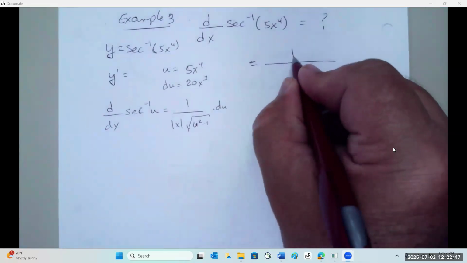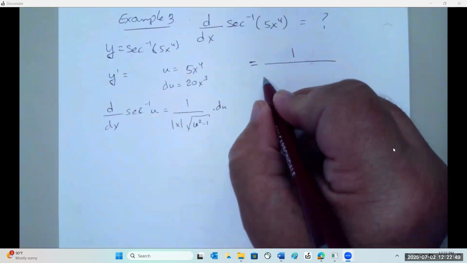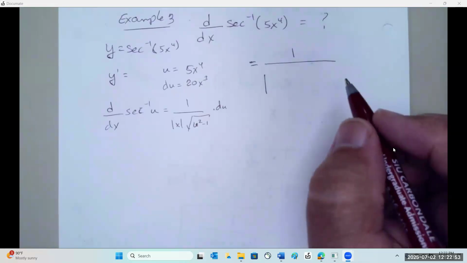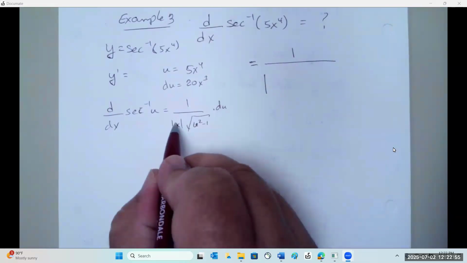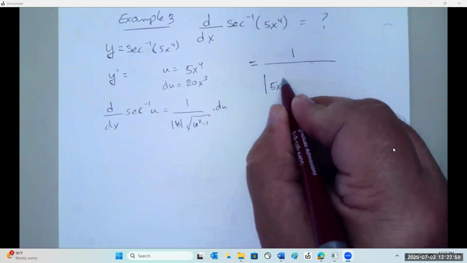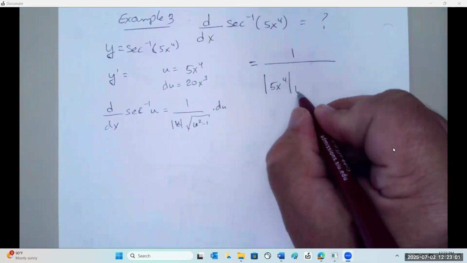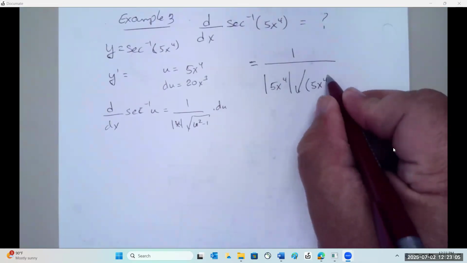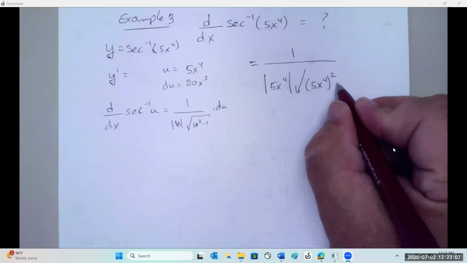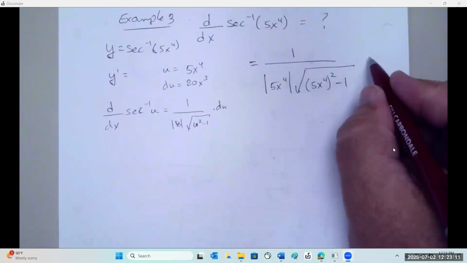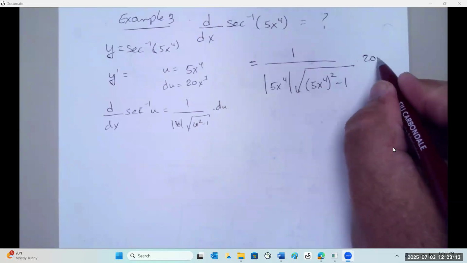So we have 1 over u, so it's 5x to the fourth, square root of 5x to the fourth squared minus 1, times du, which is 20x cubed.